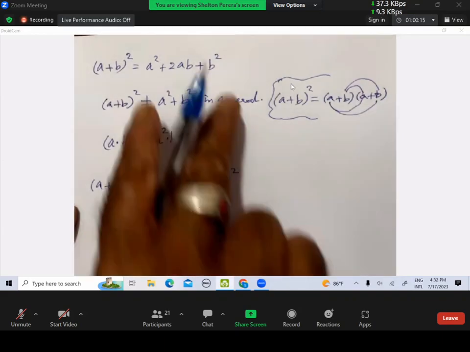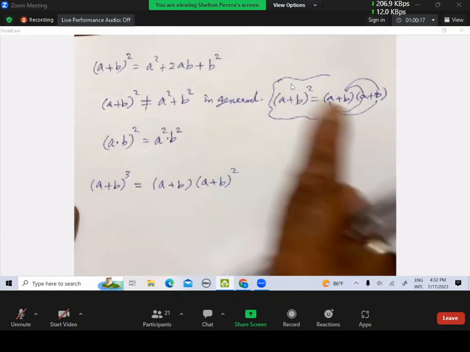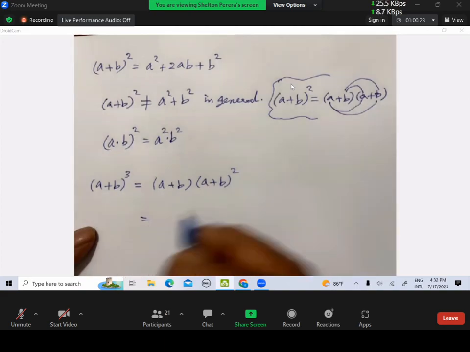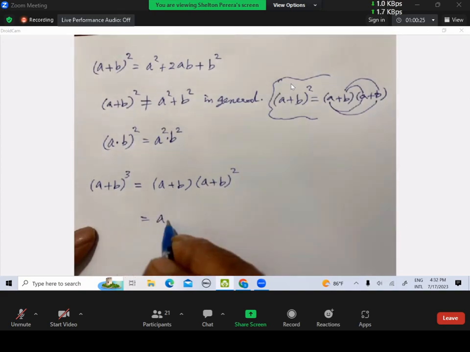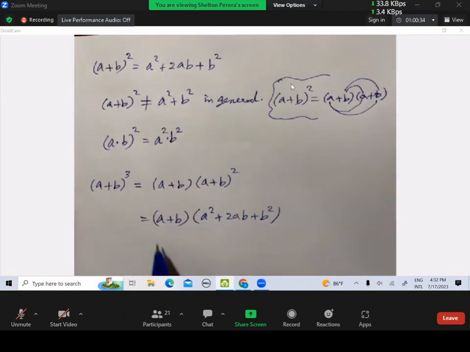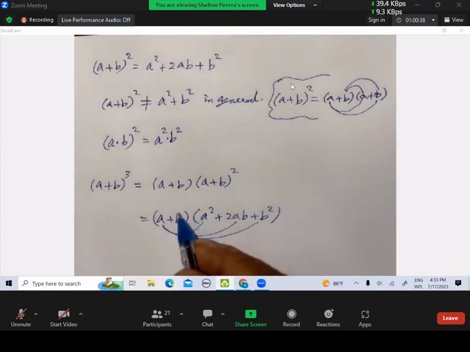Now you know this. I told you how to prove that also. So if you do that, you get a plus b times a squared plus 2ab plus b squared. How do you multiply this out? This multiply this. How many terms? There will be 6 terms.